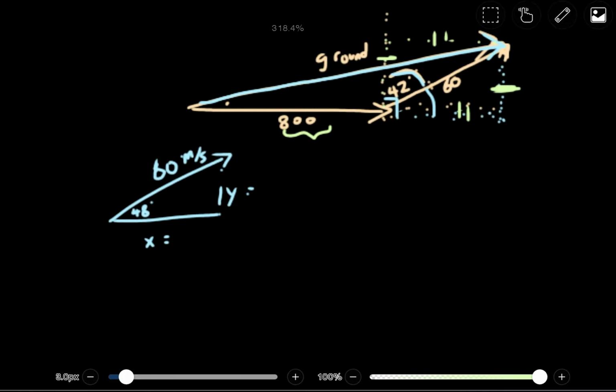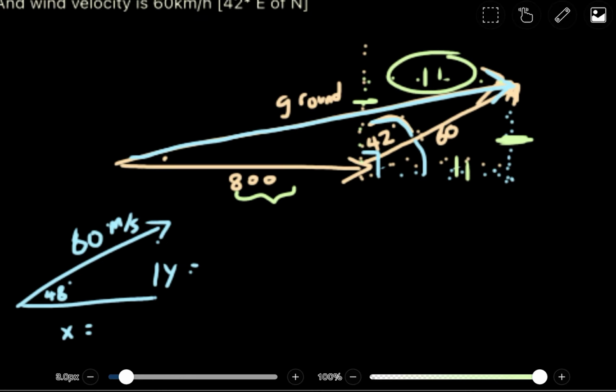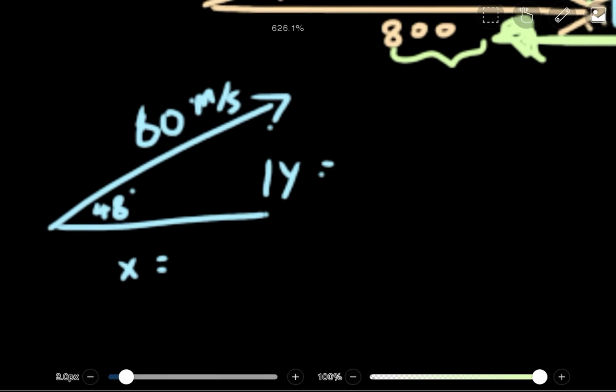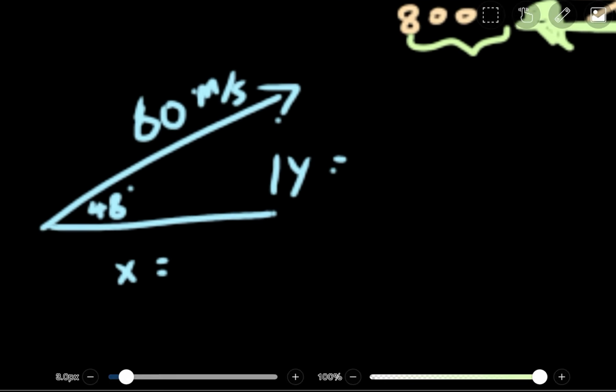Typically don't use the hypotenuse because this part looks confusing. Just use this part where it's in line with the value that they already gave you. Okay, so we can use trigonometry.